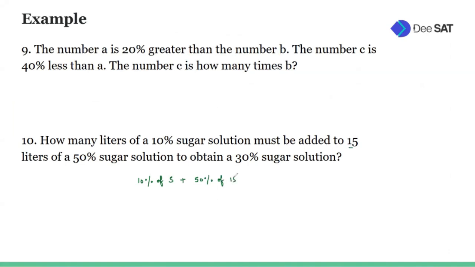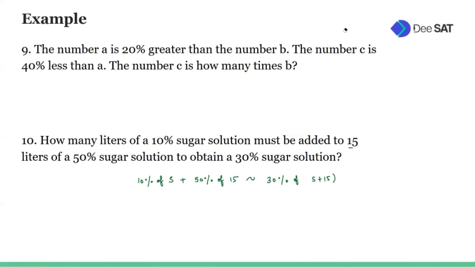So I'm just writing 50. And we just need to do the regression for the 30% of these two values that are being given to me, that is S plus 50. That is the total solution, right?